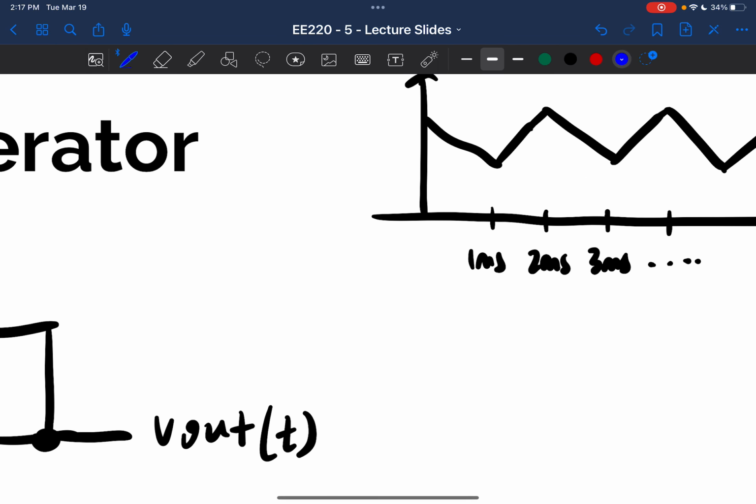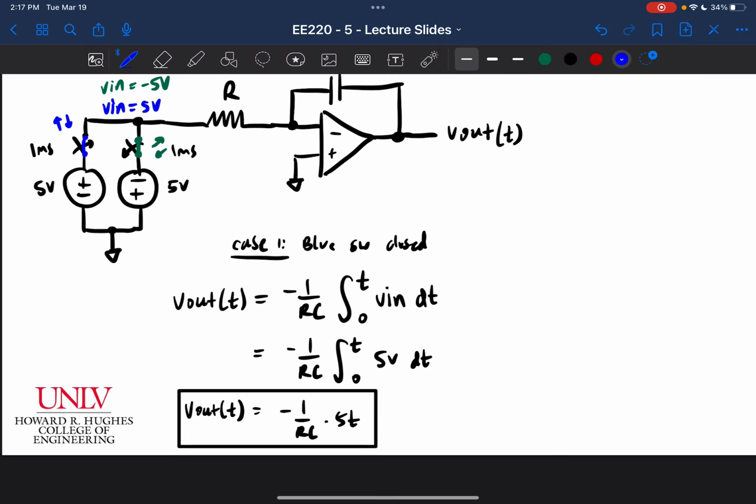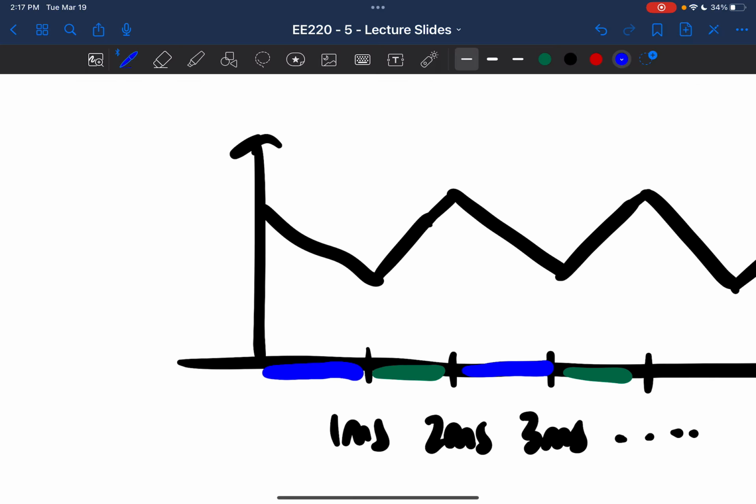So I'll draw a blue little line here, and then green, and then blue, and then green, and so on. So when my blue switch is on, I can see that I'm going to have a slope of negative 5 over RC, right? So this slope here is negative 5 over RC.